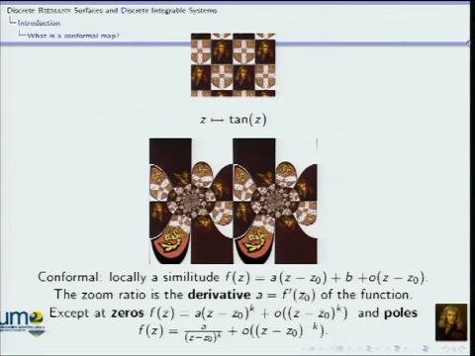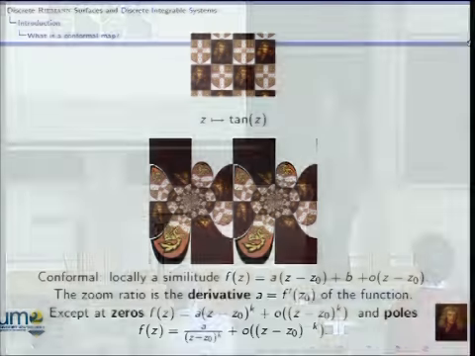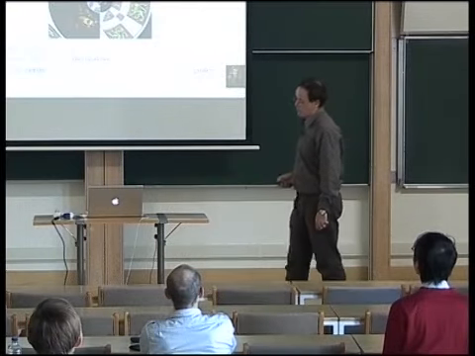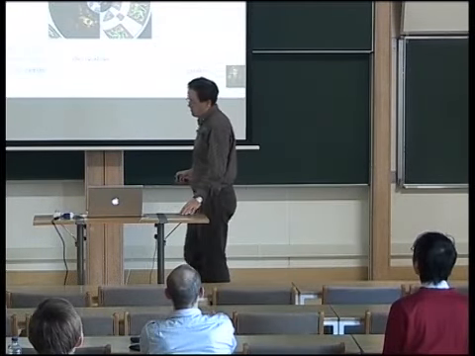But you need such poles in order to define things like tangent, or rational fractions, which have poles at different places. Another very important function is the logarithm.